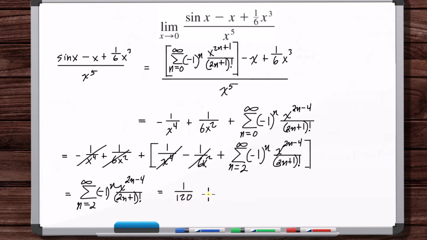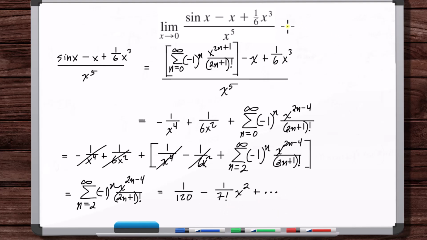Okay, and then minus, and you've got 2 times 3 is 6, 6 minus 4 is 2, so x squared, and then 2 times 3 is 6, plus 1 is 7, so it's going to be 7 factorial, and then x squared. That's all we need to do, because every term is going to have an x in it.